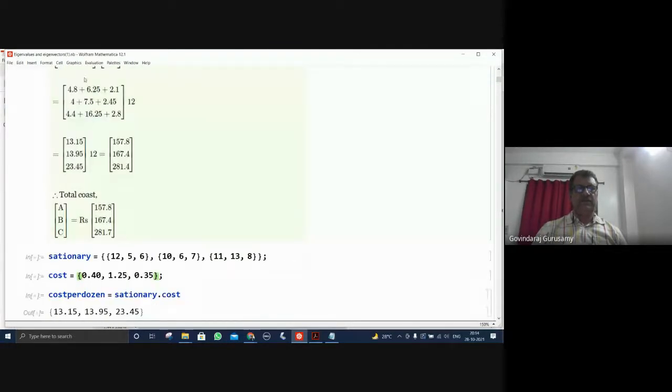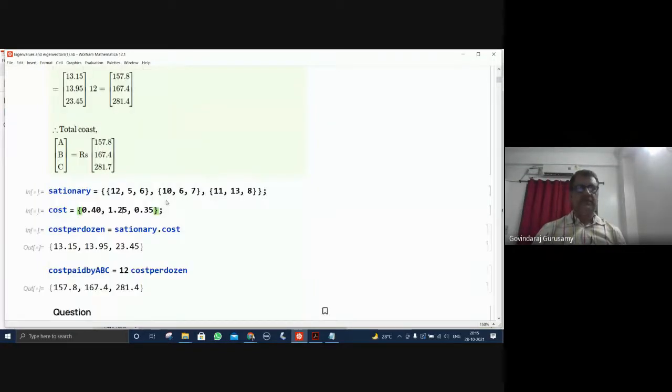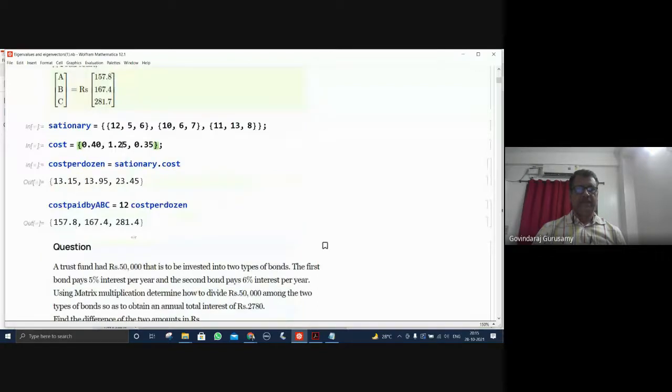You can have any number of columns that you would like. You can add a number of persons here, even an infinite number of persons, and the same price can be retained and calculated, and you'll get the total. Just like that, you can add them all, which gives the total cost spent by each person, A, B, C.